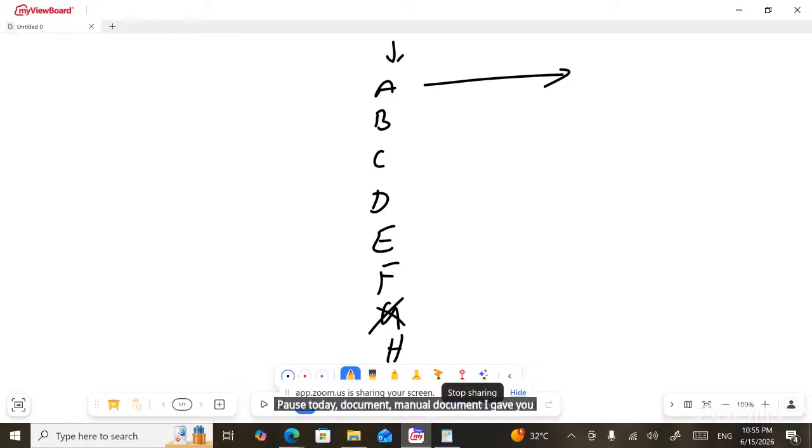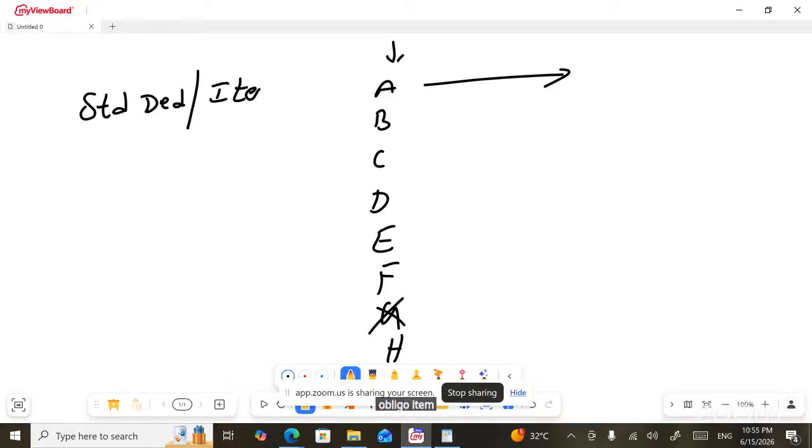In that we are going to find one is standard deduction, standard deduction oblique itemized deductions. This standard deduction is fixed.